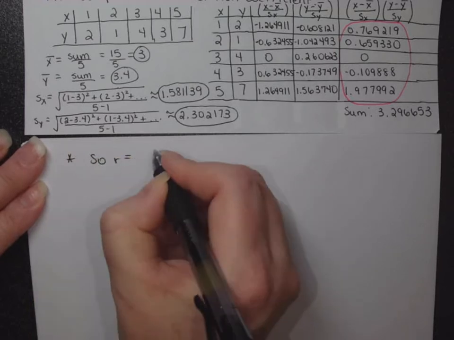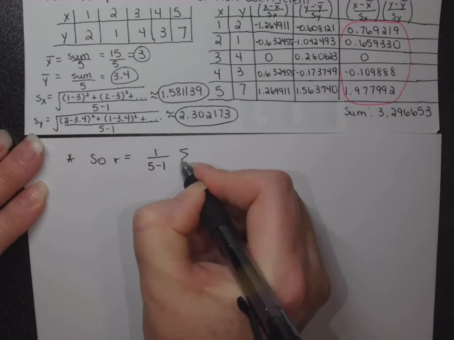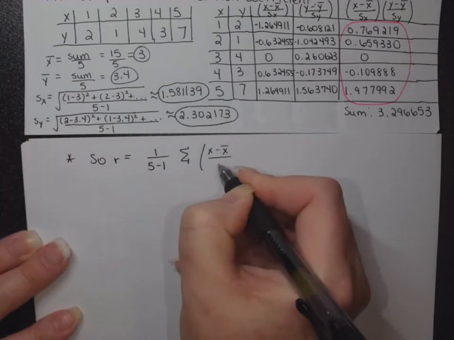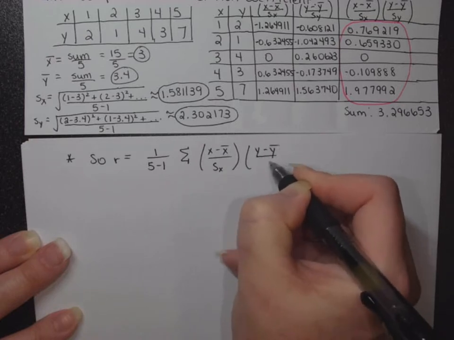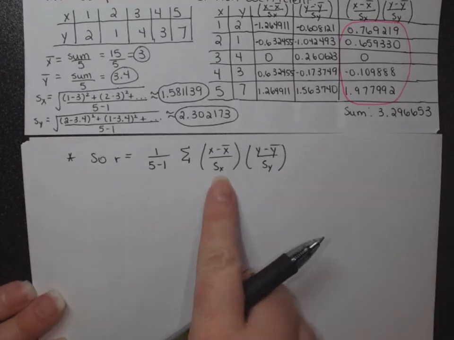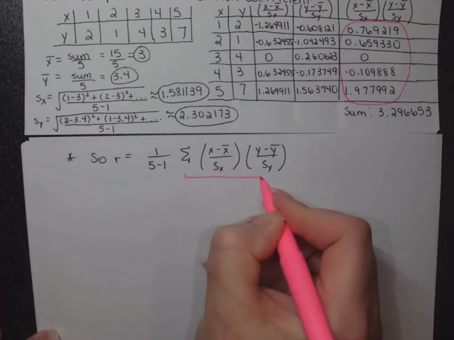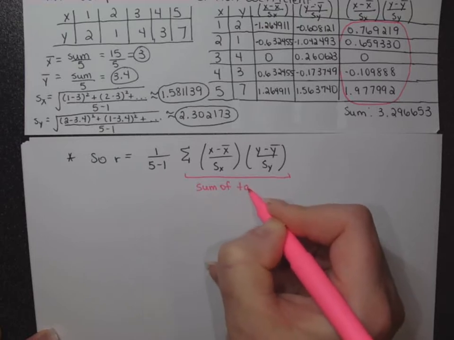So R, remember, is 1 over n minus 1, and then times the sum of the x minus x bar over standard deviations times y minus y bar over the standard deviations. But we already did all of this, right? All of this was already found. So this is just the sum of the table.